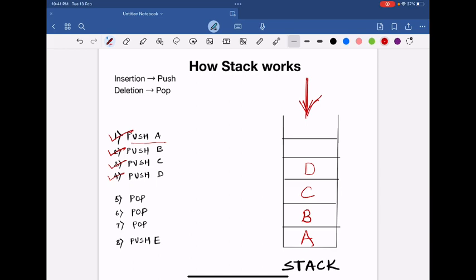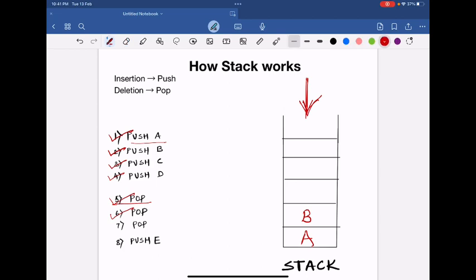Next comes the pop operation, which means deleting the element that is present on the top of the stack. Whatever element is on the top of the stack will get removed. So after executing the pop operation, the top element D will get deleted.